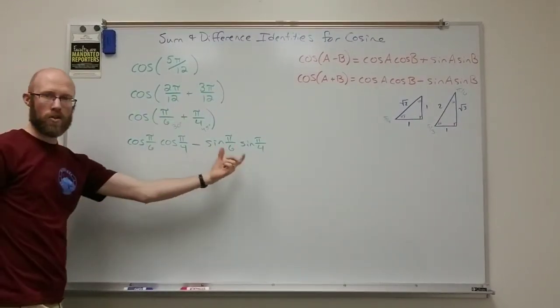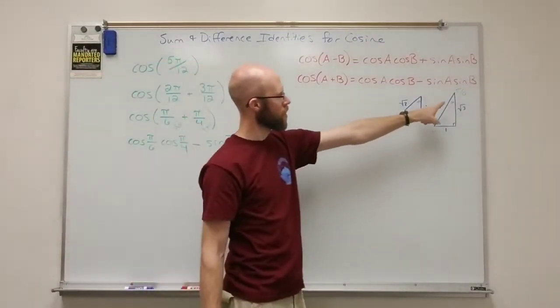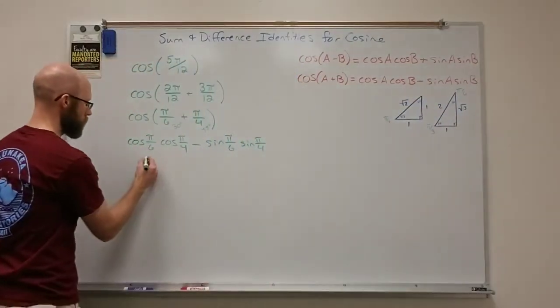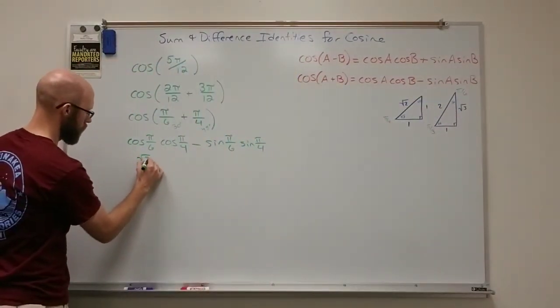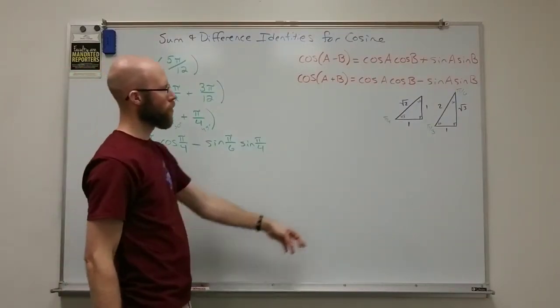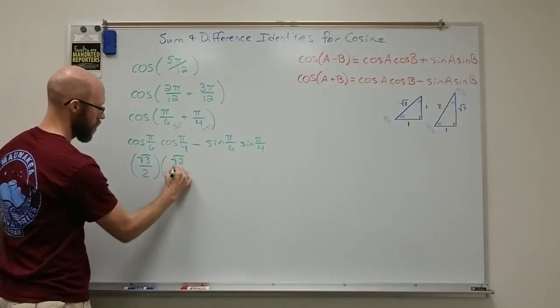Then we calculate each of these using our special triangles. Cosine of pi over 6. Cosine is adjacent over hypotenuse, so that's root 3 over 2. Cosine of pi over 4, 1 over root 2, or we could write it as root 2 over 2.